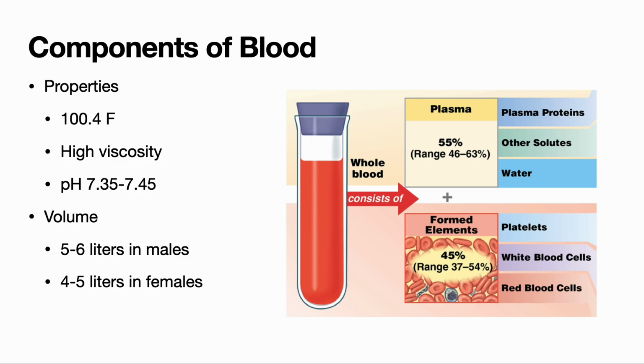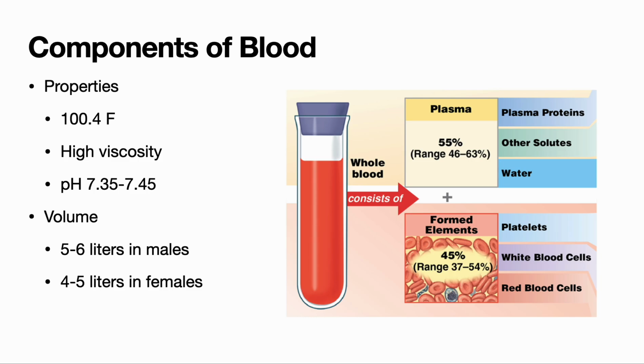Then the remaining part will be the formed elements. We don't call them formed cells because platelets are not whole cells, and so formed elements is a better name. They're going to represent about 45% of the whole blood, and that will include the platelets, the white blood cells, and the red blood cells. And we'll talk about all of these in a little more detail.